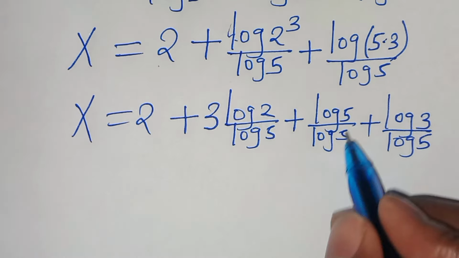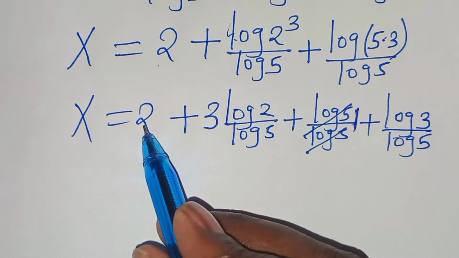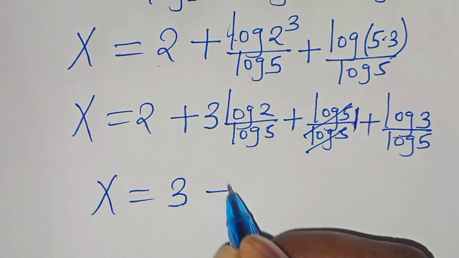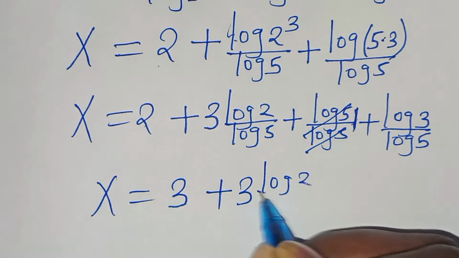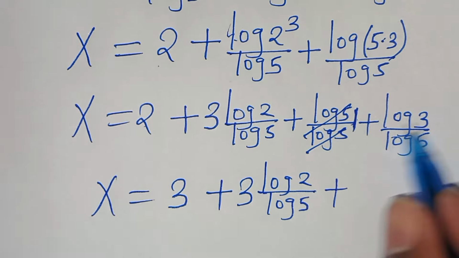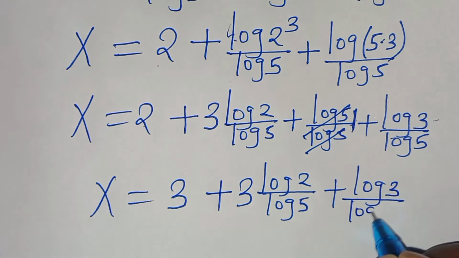So let's simplify log 5 and log 5 here. So this is 1. So we have 2 plus 1. So this means that we have 3 plus 3 log 2 divided by log 5, then plus log 3 divided by log 5.